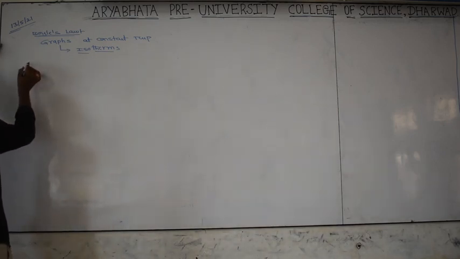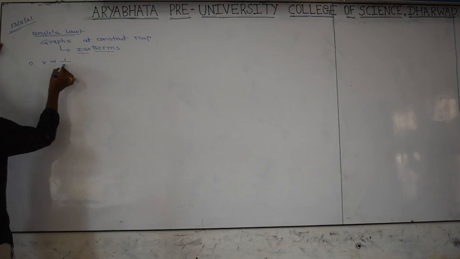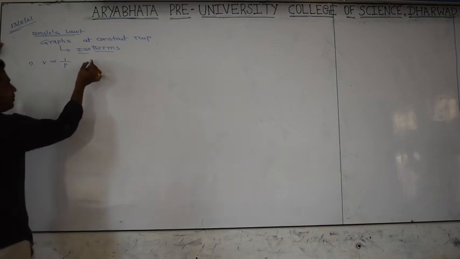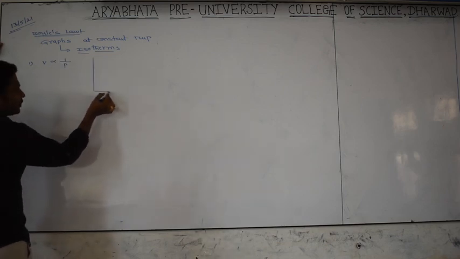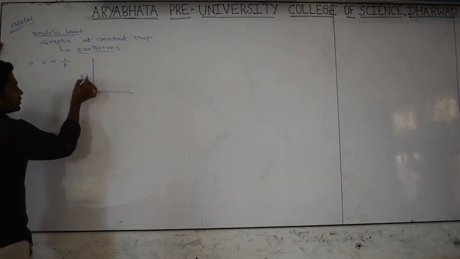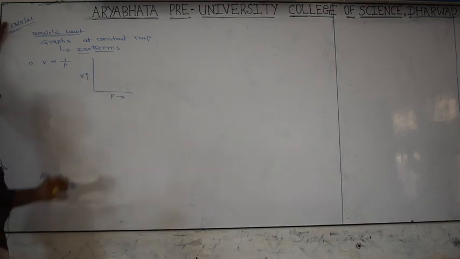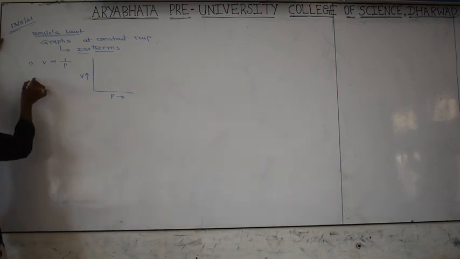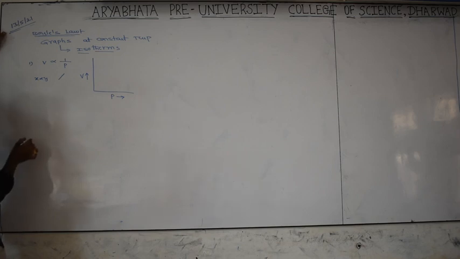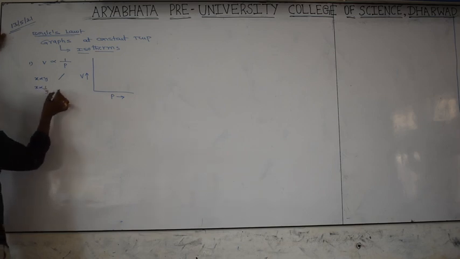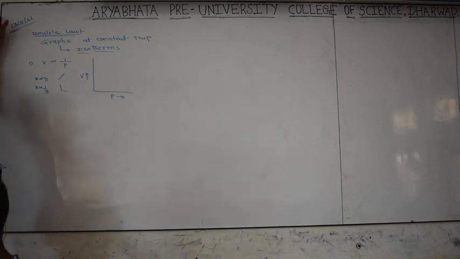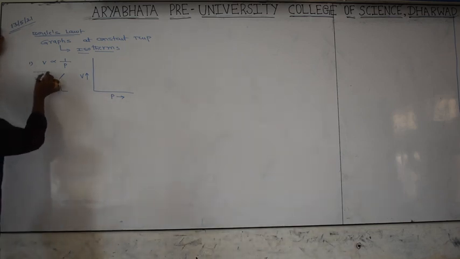So first I want to tell you one graph: volume is inversely proportional to pressure. For example, you are taking volume on the y-axis and pressure on the x-axis. I have told you several times: a directly proportional relation gives straight lines, and an inversely proportional relation gives hyperbolas. This is important information for all variable terms.